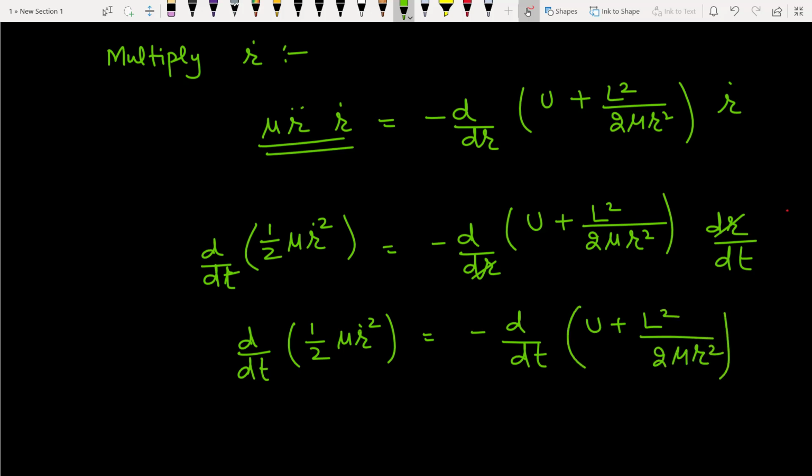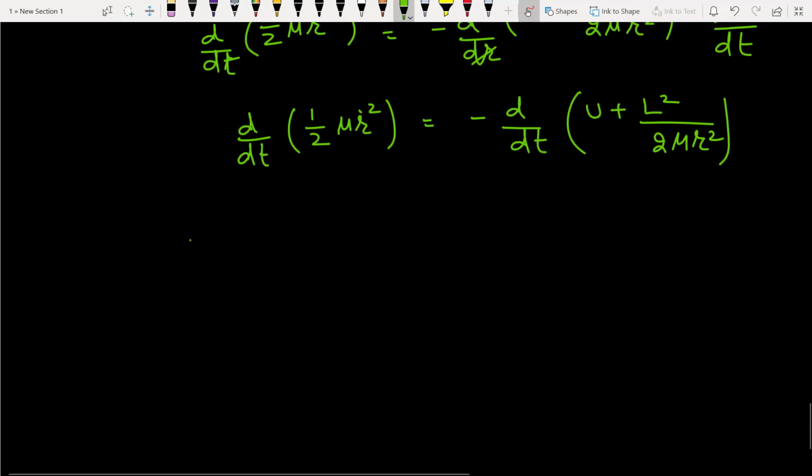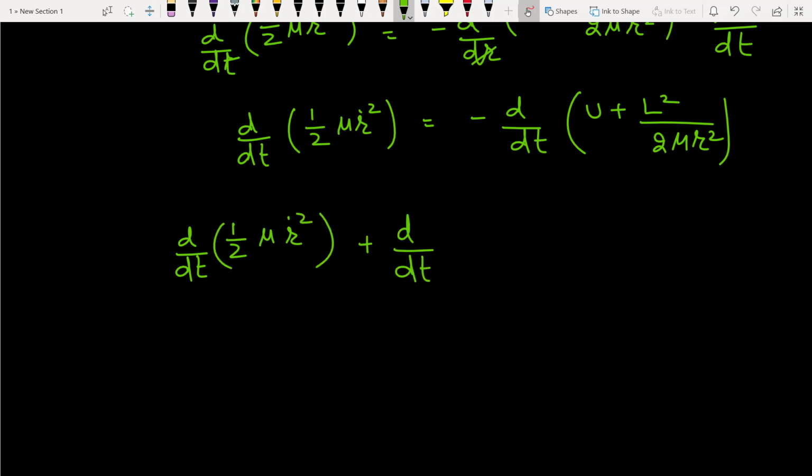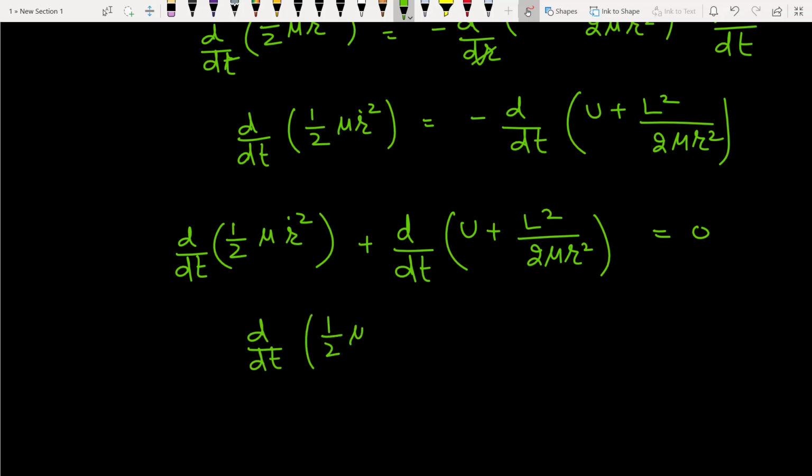We take it on the other side: d by dt of half mu r dot square plus d by dt of U plus L square upon 2 mu r square is 0. D by dt common: d by dt of half mu r dot square plus U plus L square upon 2 mu r square is 0.